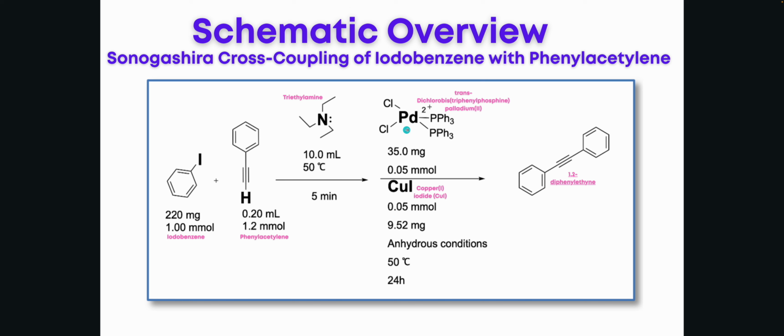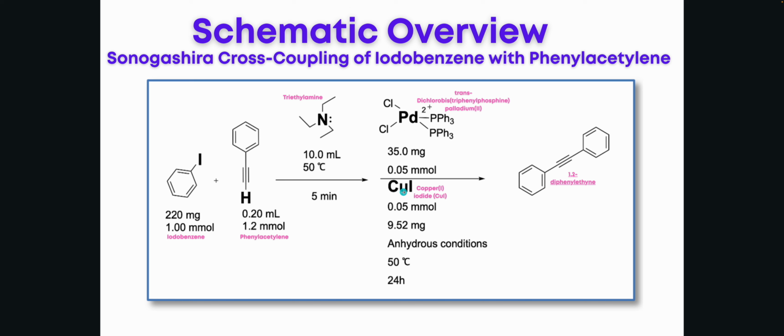We've got palladium, and that 2+ is pretty important because the charge is going to fluctuate as we go along with this mechanism, and it is an extremely important part of the whole discussion.